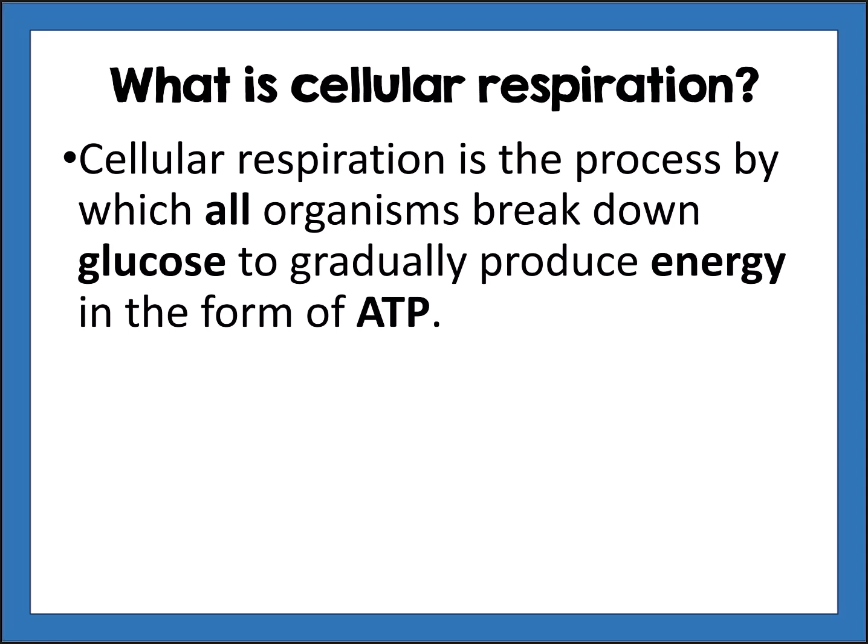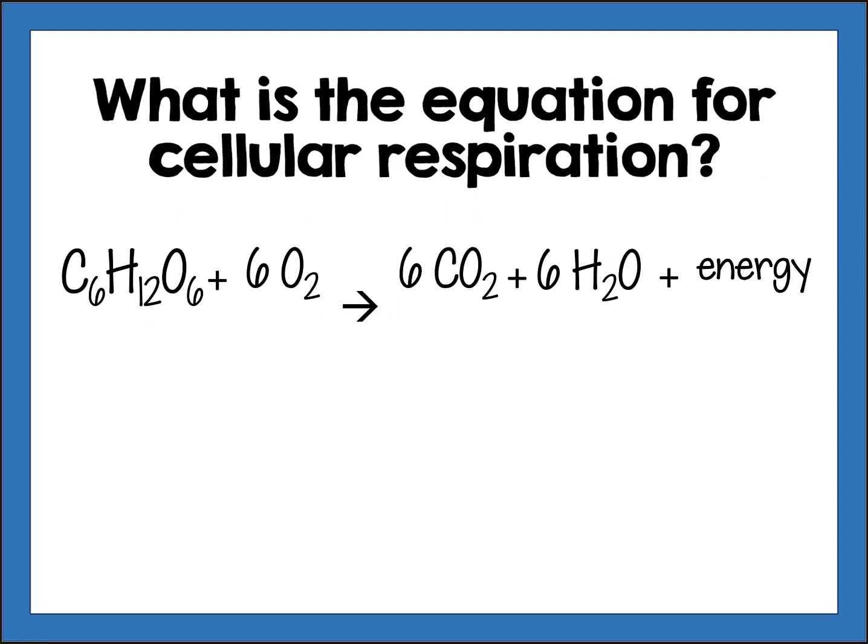Because remember, ATP is the goal here because that is the energy currency for the cell. So that is the format that we need the energy in, but we need to get it from the stored energy in glucose into that ATP. So cellular respiration is how that occurs.